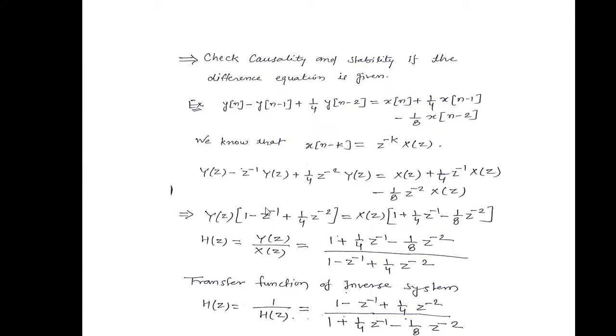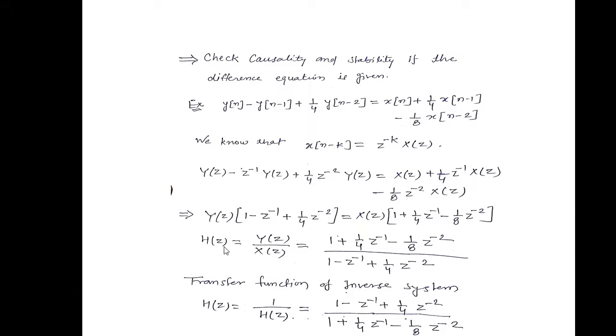Okay, so we can solve this expression like this: Y of z times 1 minus z inverse plus 1 by 4 z to the power minus 2 equals X of z times 1 plus 1 by 4 z inverse minus 1 by 8 z to the power minus 2.